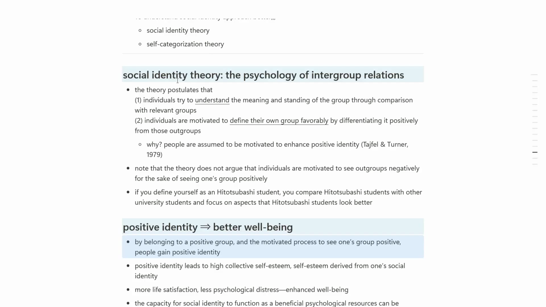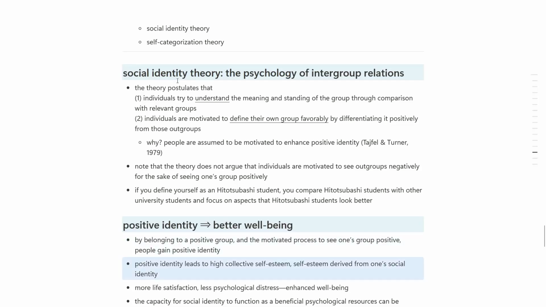But the way to gain positive identity is not only through personal accomplishment. If you simply belong to a positive group or higher status group, then you can gain a positive identity through the membership of that group.